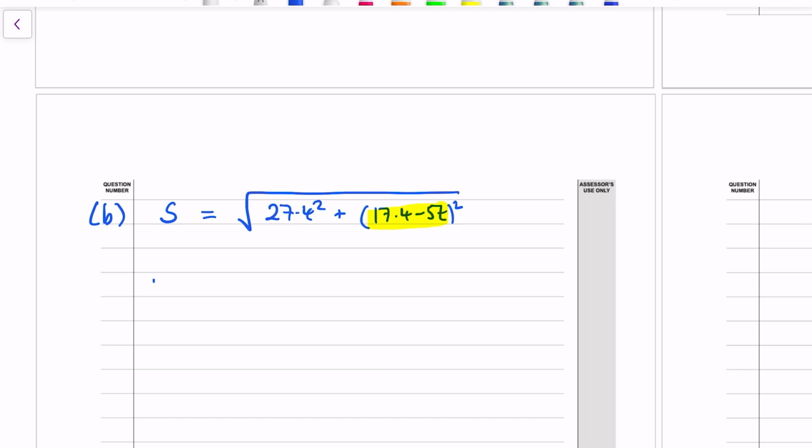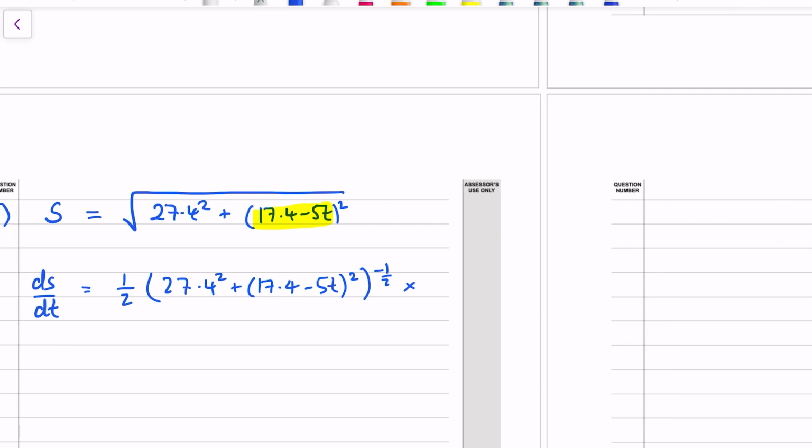Okay, so differentiating this, ds dt, it's something to the power of a half. So we've got a half. The stuff underneath the square root gets rewritten: 27.4 squared plus 17.4 minus 5t all squared, to the power of negative 1/2. And then we need to multiply by the derivative of the stuff underneath the square root, which is 2 lots of 17.4 minus 5t, all times minus 5.